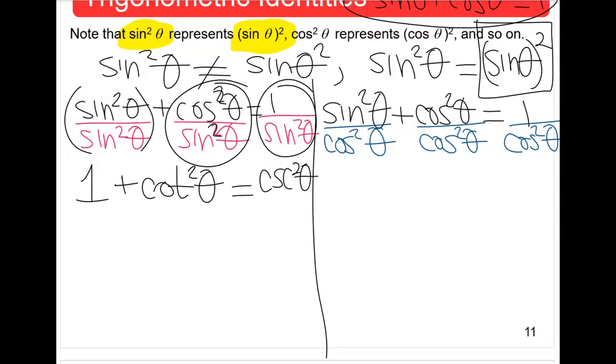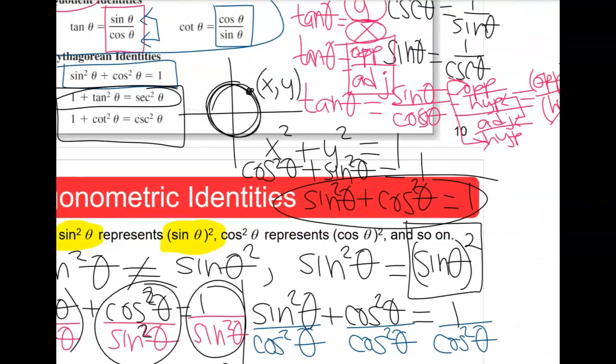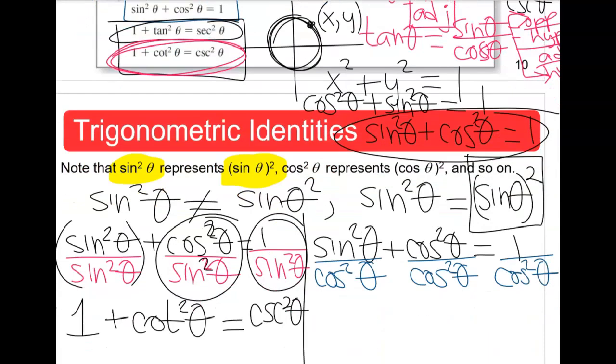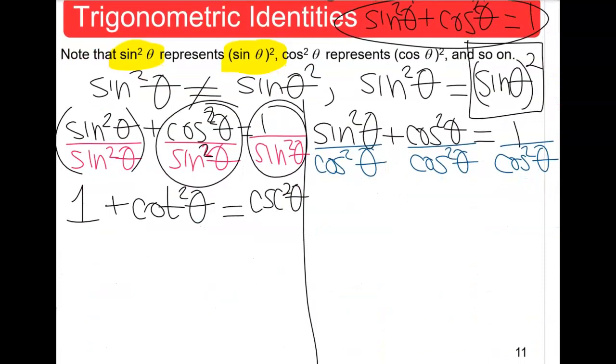And with that, we were able to manipulate the Pythagorean identity into a different form to write it so that it matches our identity here. So that is one of the variations. That's what we got here.